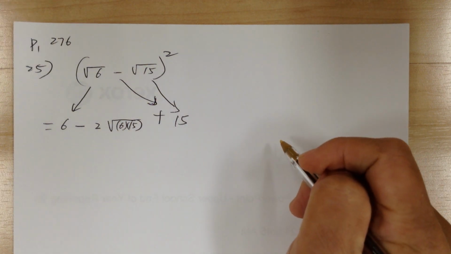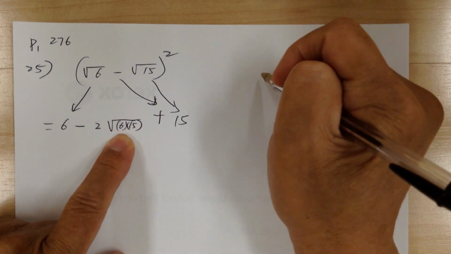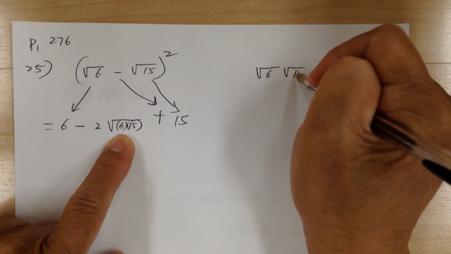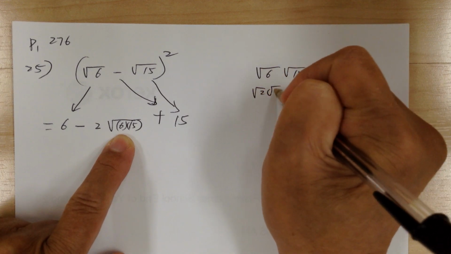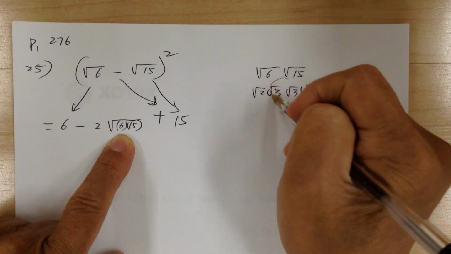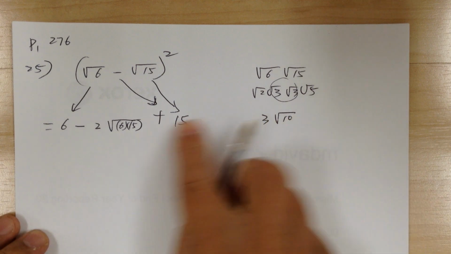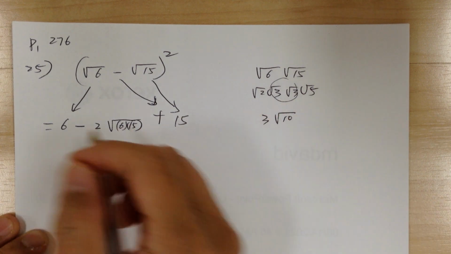So let's go and simplify this part over here. Square root of 6 and square root of 15, you can break into square root of 2 times square root of 3, and square root of 3 times square root of 5. So this will give you an integer 3, and the leftover would be square root of 10. You can go off to the side to do your minus steps.